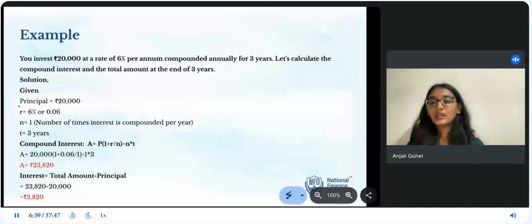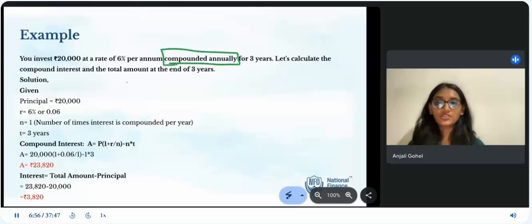Now the principal is 20,000, given in the question. The rate is 6%, or 0.06 in decimals. Now what is n? That comes into the picture here, which is compounded annually. If it was compounded quarterly, how many quarters are there in a year?